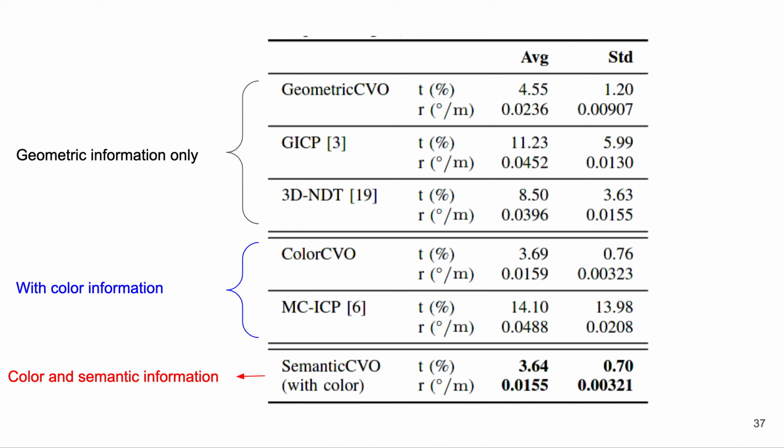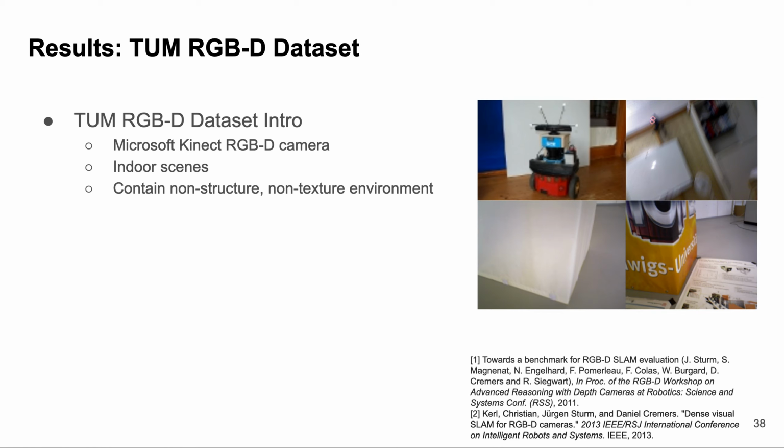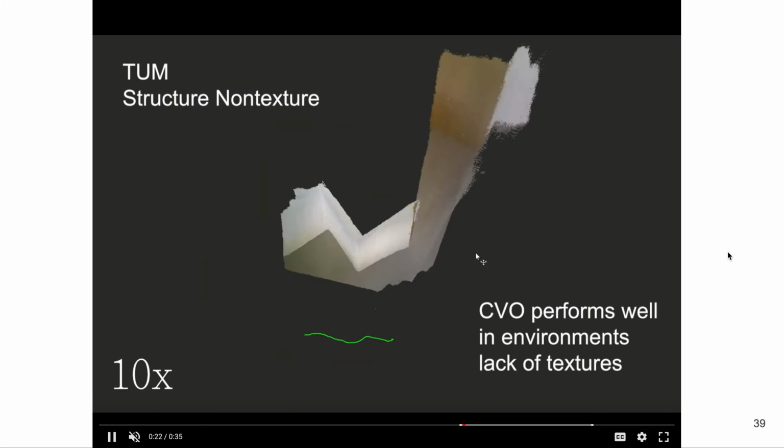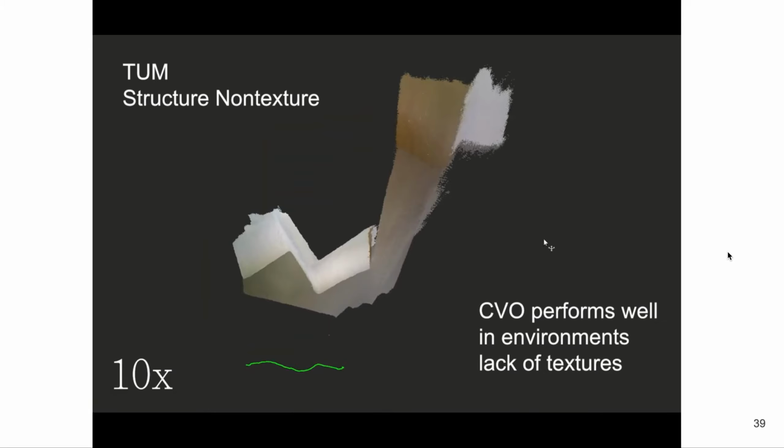The TUM dataset is an indoor dataset that used RGB-D cameras. This sequence could be challenging because it includes some non-structured, non-textured environments, and the observations could be pretty blurry. Here's an example in a structured but non-textured scene. Still, our trajectory from frame-to-frame registration is highlighted in green, and then we stack the point clouds based on our registration result.